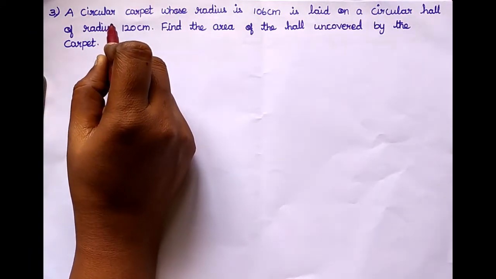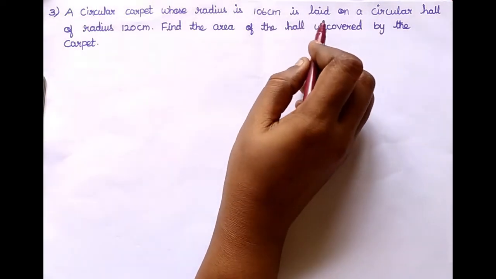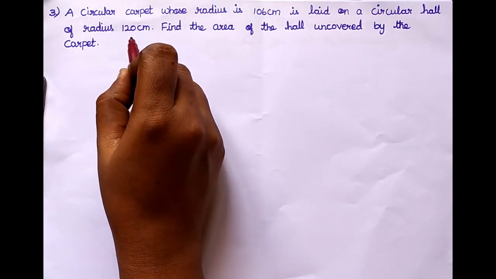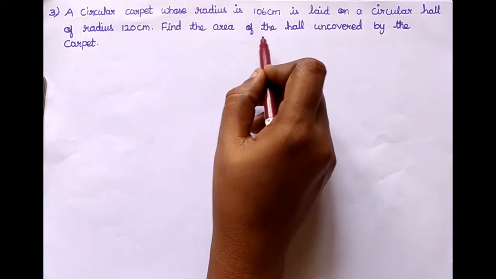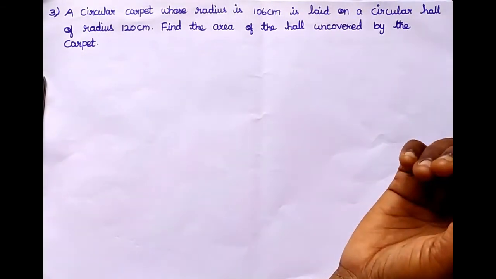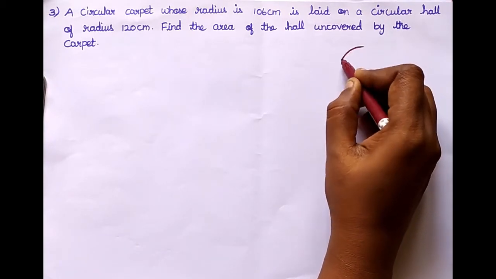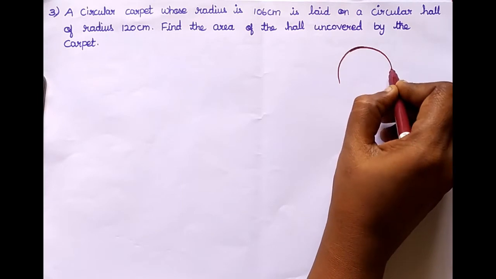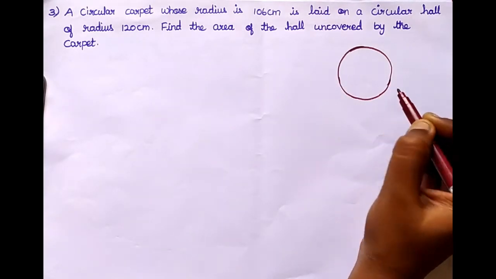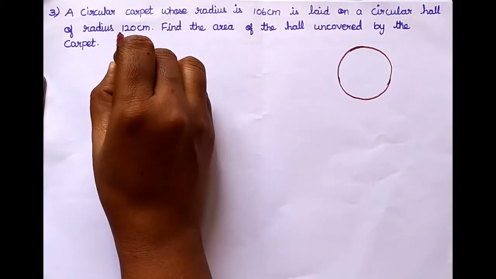A circular carpet whose radius is 106 centimeter is laid on a circular hall of radius 120 centimeter. Find the area of the hall uncovered by the carpet. Listen. A hall in circle shape. A carpet, its radius is how much? 120 centimeter.